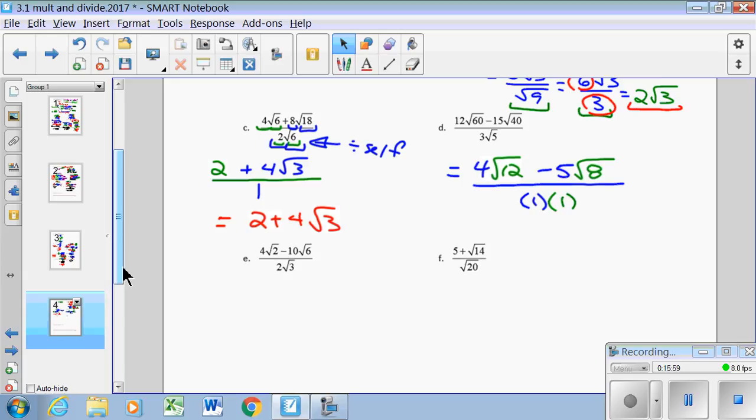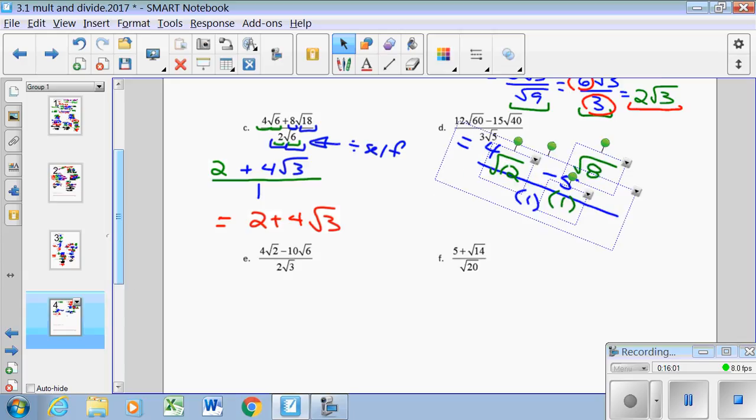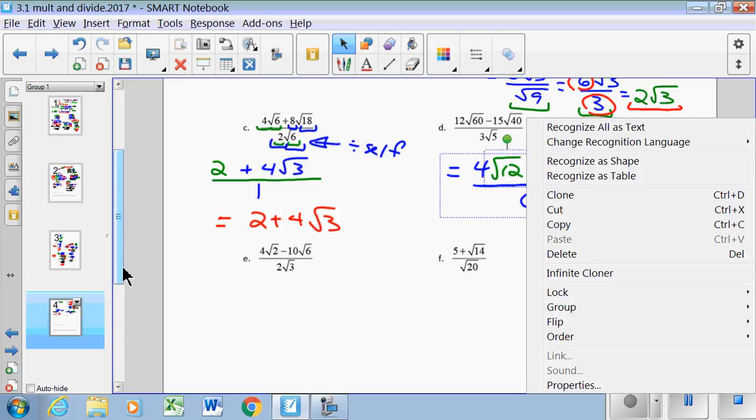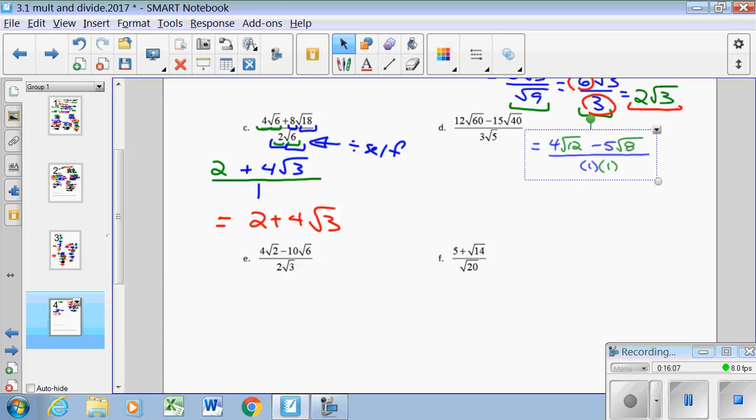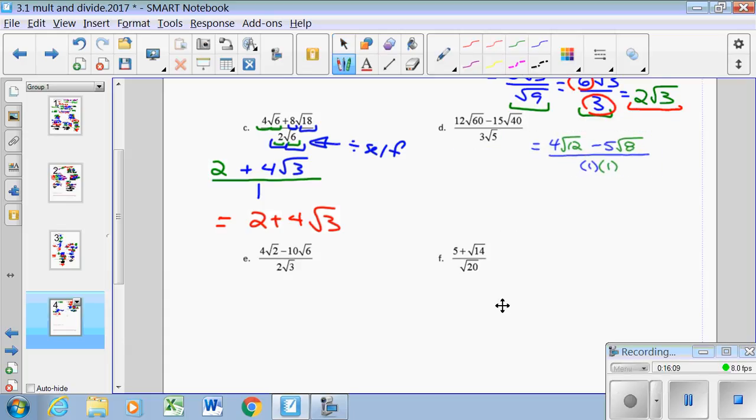So if we take this expression, 4 root 12 and 5 root 8, I just need to remember to go 4, and 4 times 3 is 12, and 8.